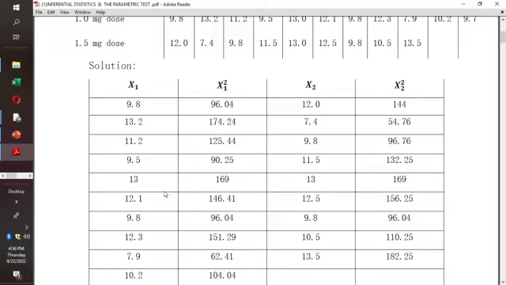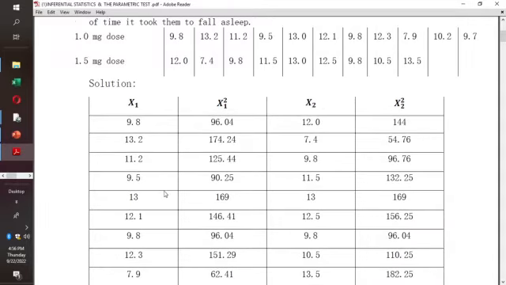Okay, so the 1.0 mg dose, to get this 96.04, pinag-multiply po namin ito, 9.8 times 9.8 is equal to 96.04.